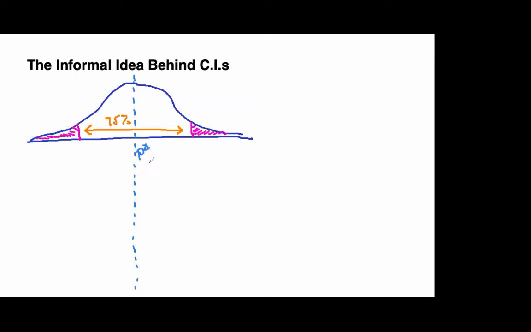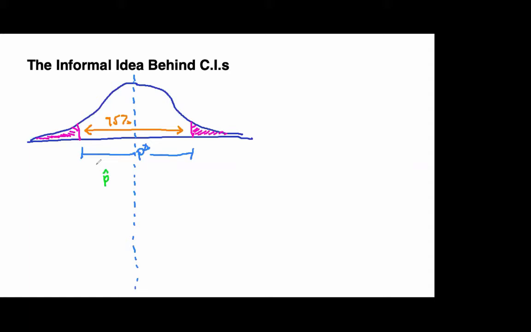I know that 95% of the time, as I'm drawing random samples, I will find sample proportions that fall in this interval. So I'm going to temporarily grab a sample, and its proportion falls right here.